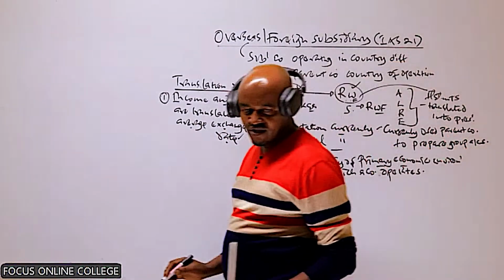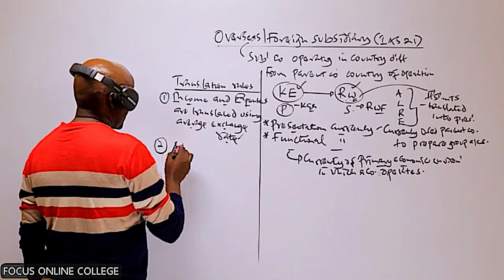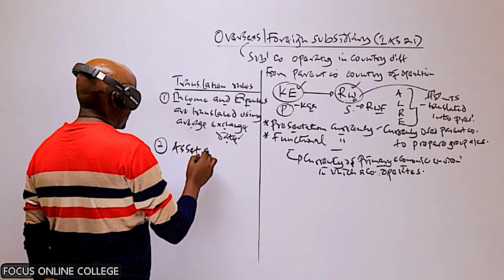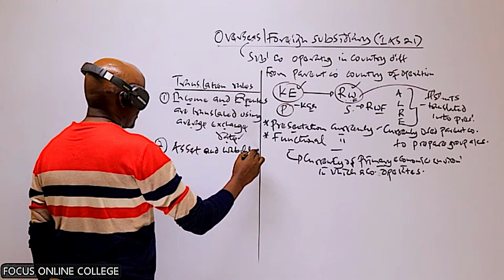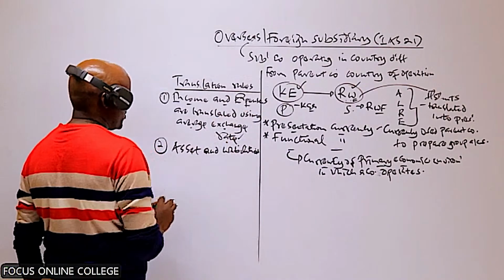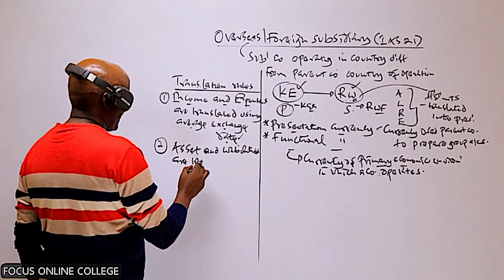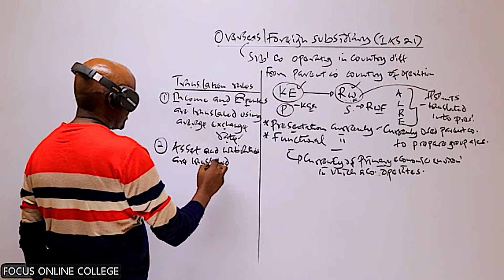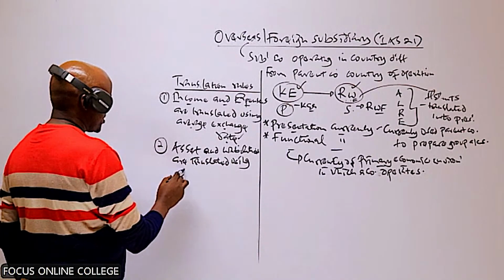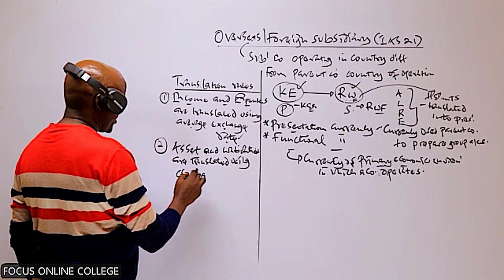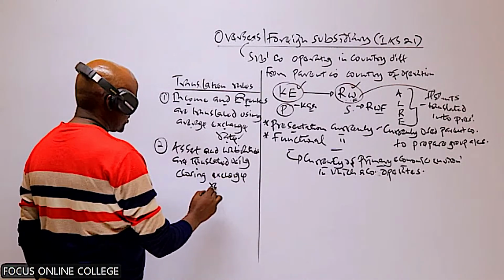Number two, when translating the assets and liabilities of the foreign subsidiary into the presentation currency, these are translated using the closing exchange rate.